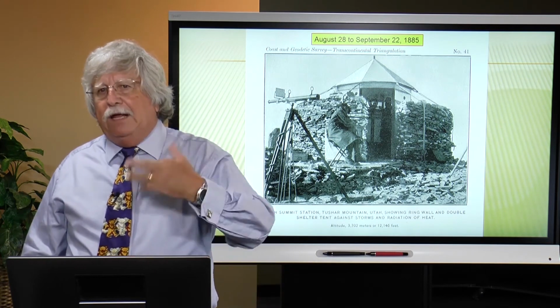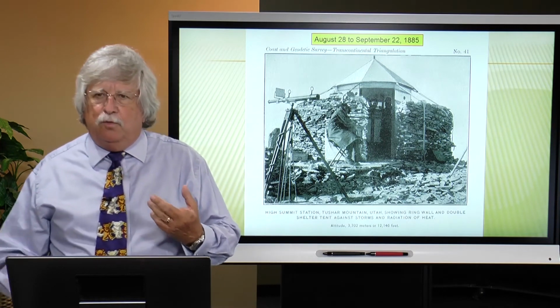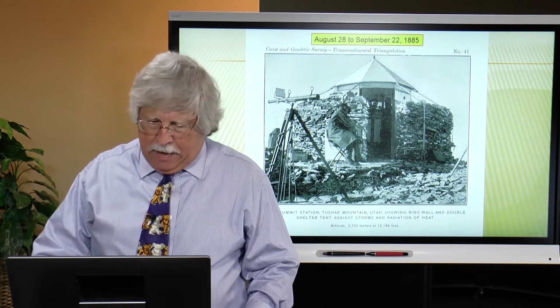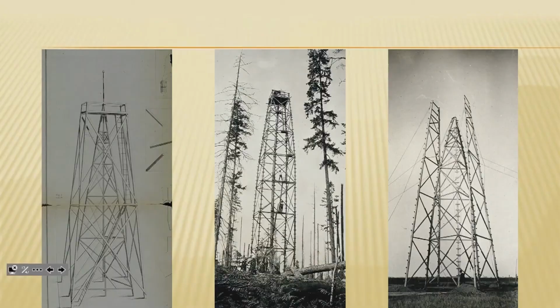So one of the creative ways that geodetic surveyors got around this was to build towers. And here you see pictures of wooden towers. These are towers that were constructed, again, particularly out of wood, incredibly expensive, oftentimes well over 100 feet tall. And what I want you to notice is that there's really two towers.